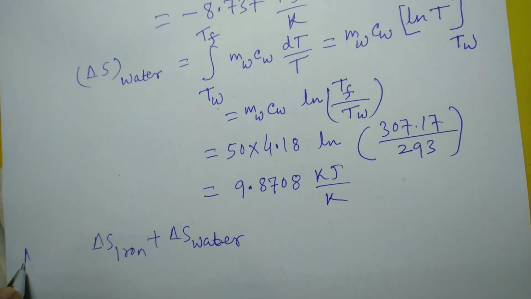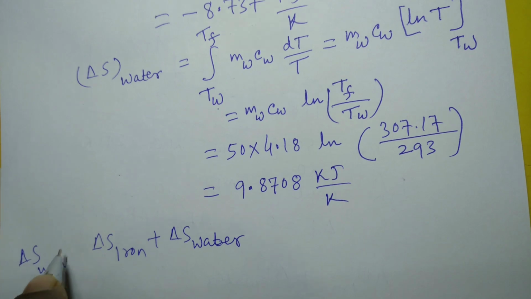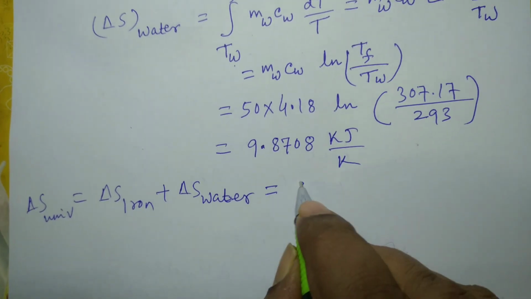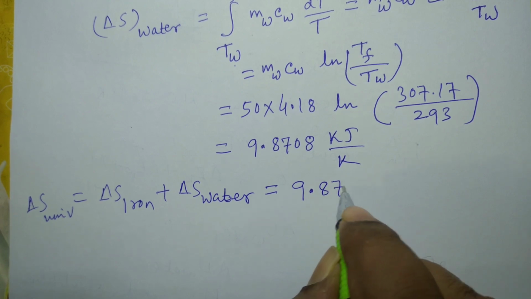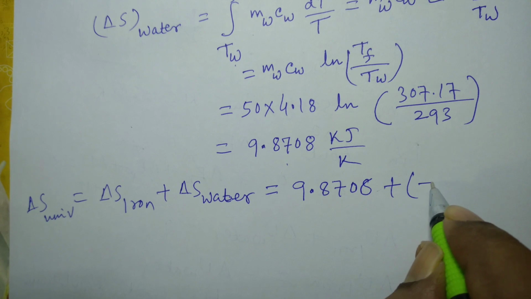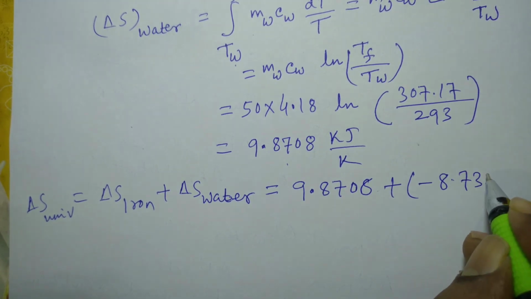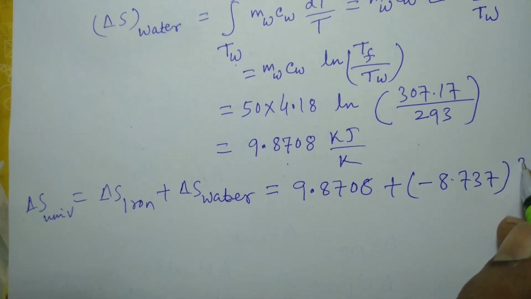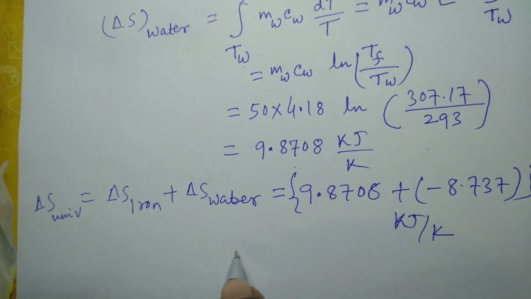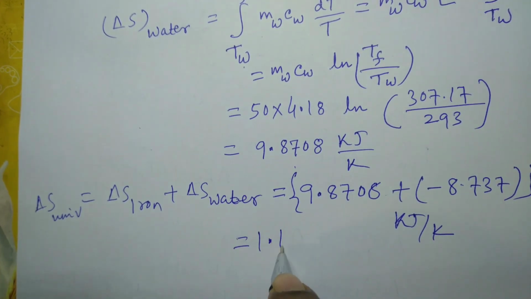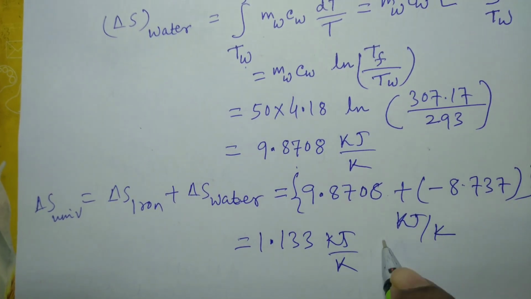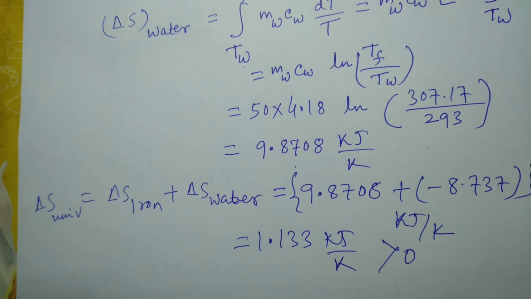This is your universe for this particular problem. 9.8708 is the delta S of water minus 8.737, and the unit is kilojoule per Kelvin. This is coming out as 1.133 kilojoule per Kelvin, and this is greater than 0.